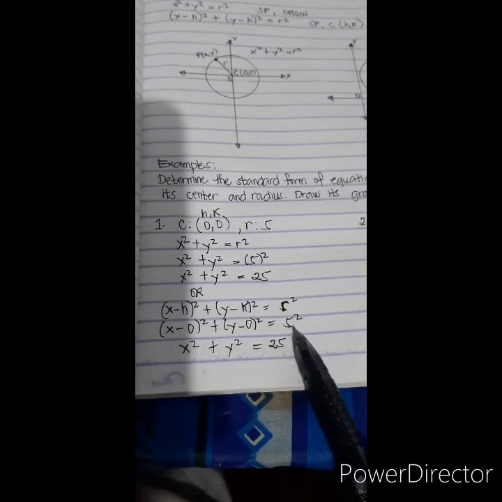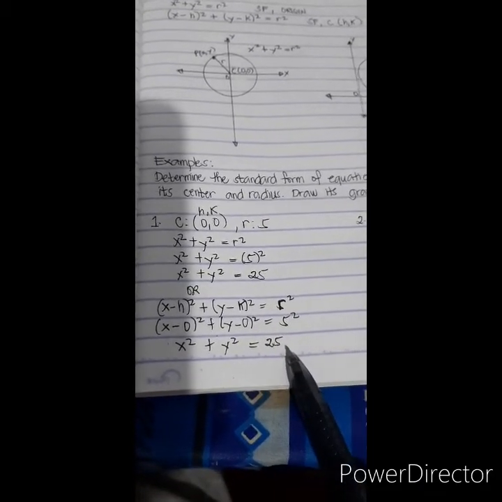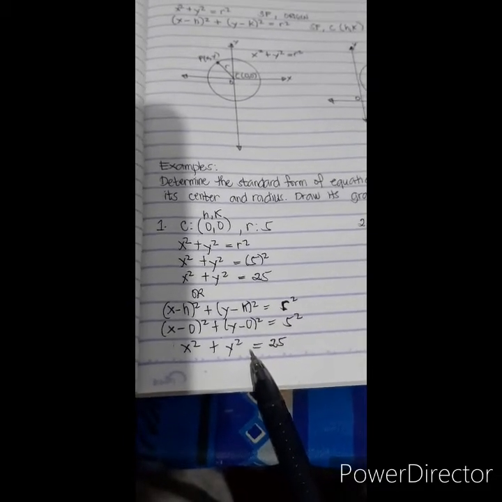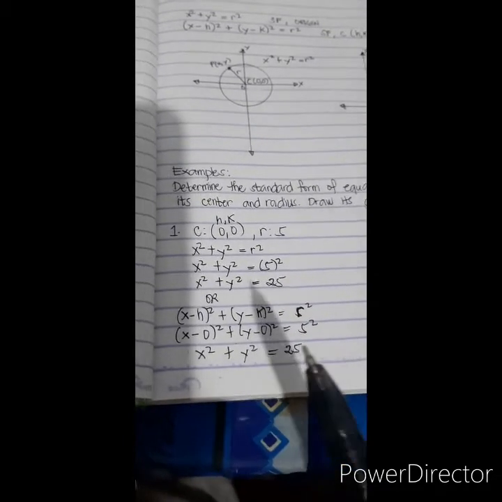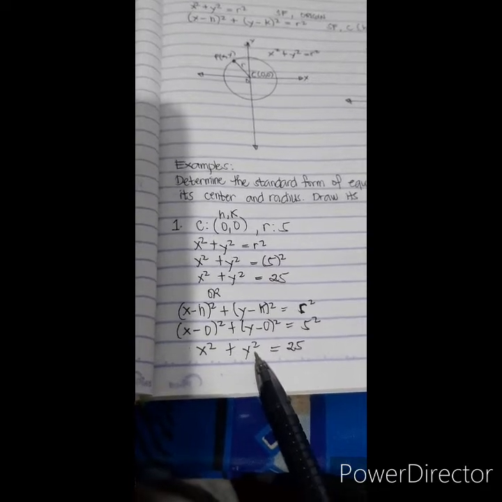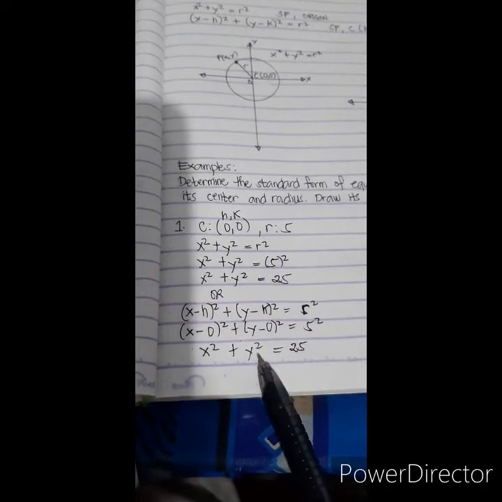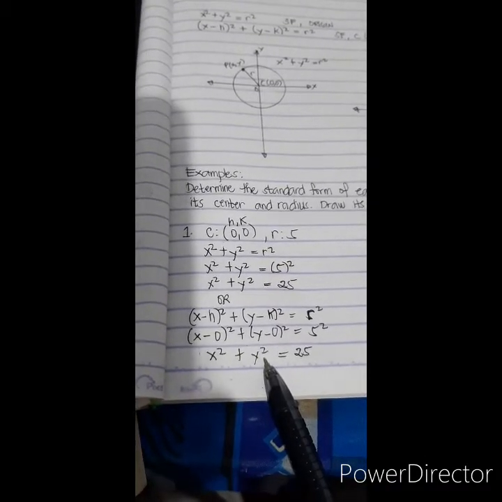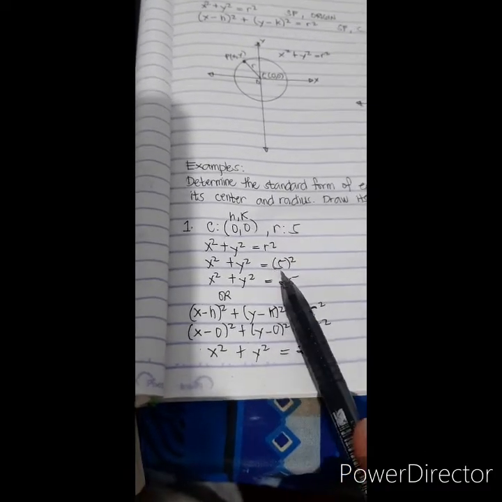And also 5 squared is equal to 25. So you can make use of both methods. But always remember to be careful with the signs, because most of the time students make a wrong move dealing with signs of numbers.